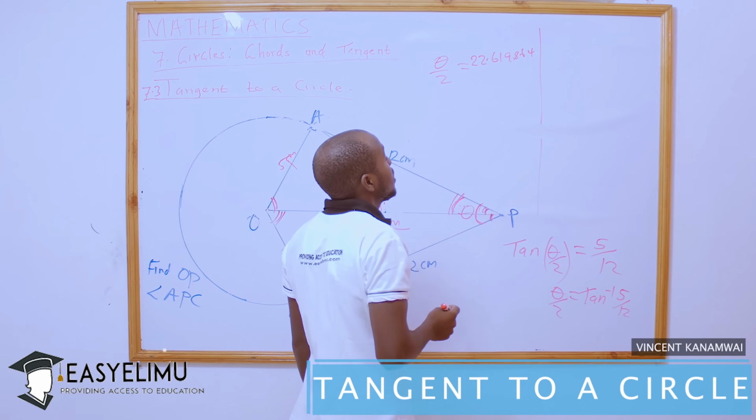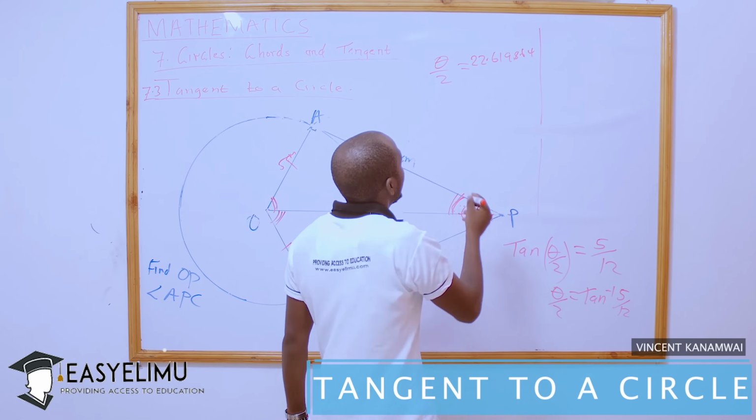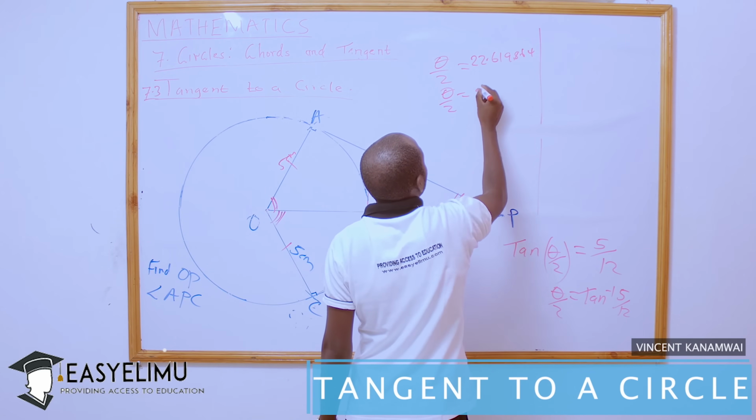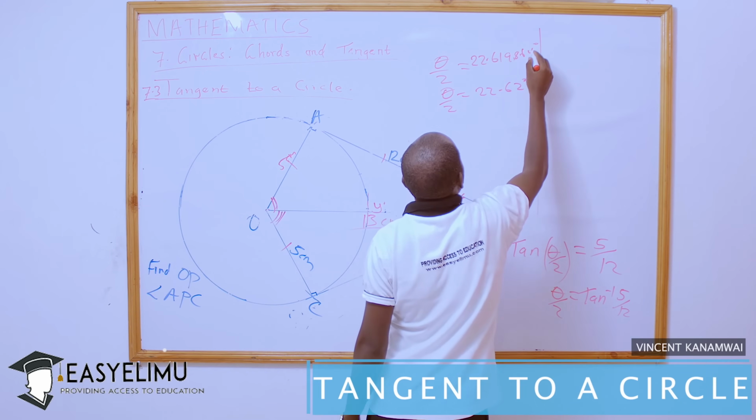We need it in degrees, to 2 decimal places. So theta over 2 is equal to 22.62 degrees.